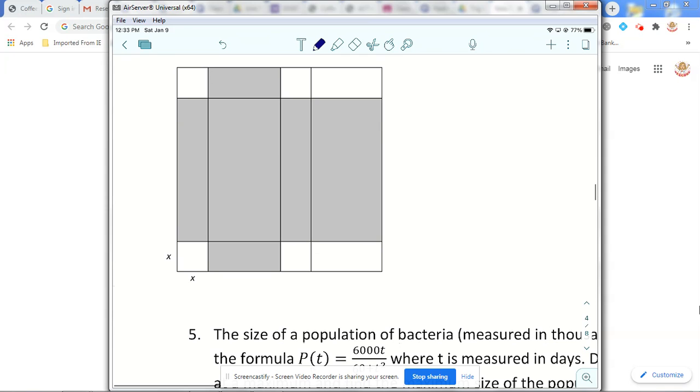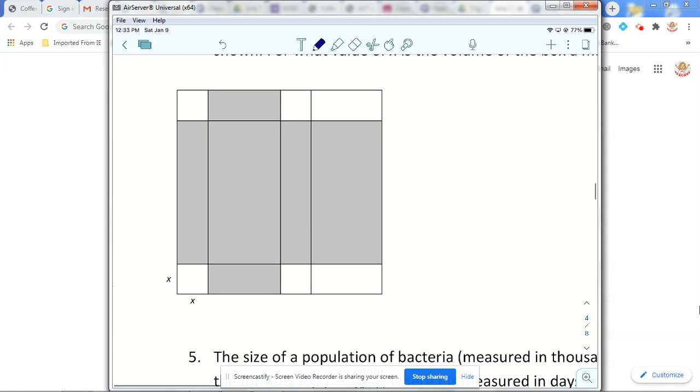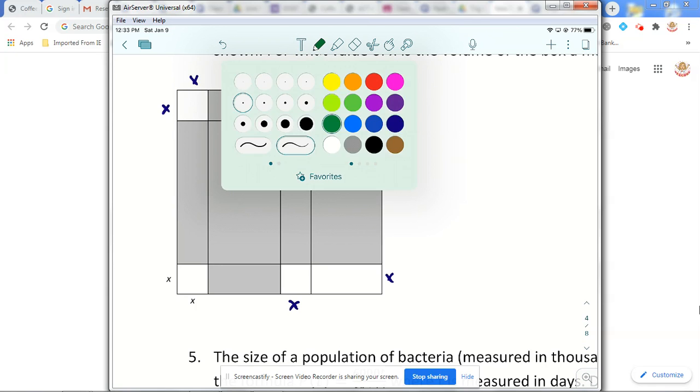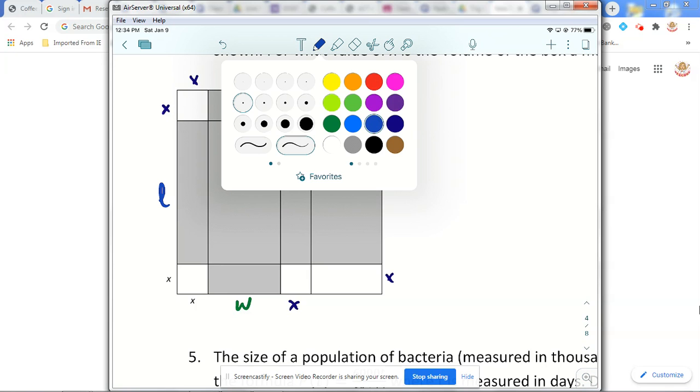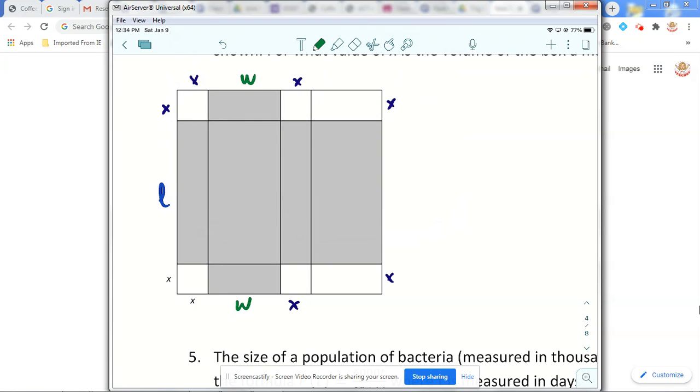All right, so I know that all these little lengths are x, so it's smart to label those. And then I'm going to just go ahead and have this be the width and this be the length. Now I know that the way that the box folds over, this right here is also the same as the width.